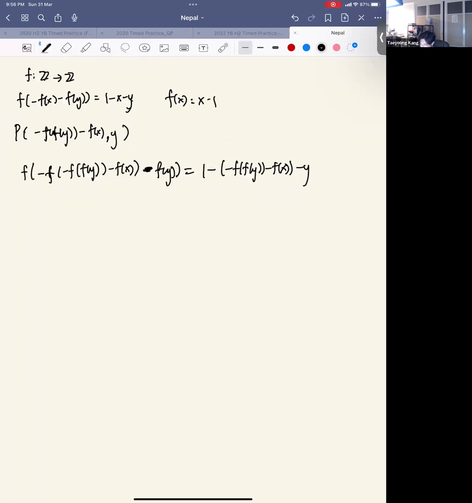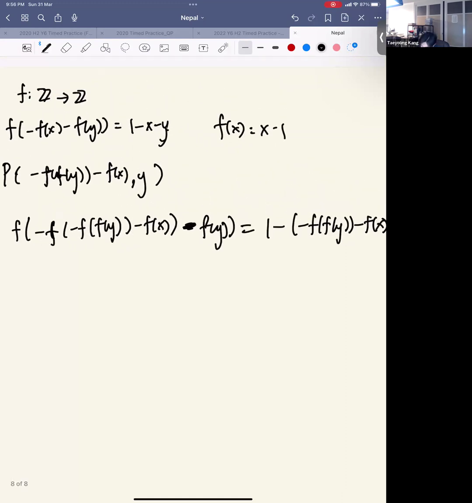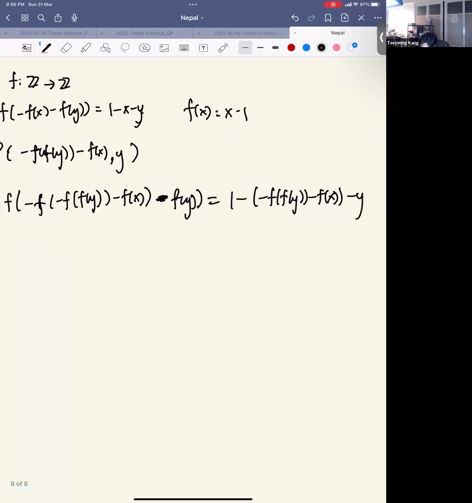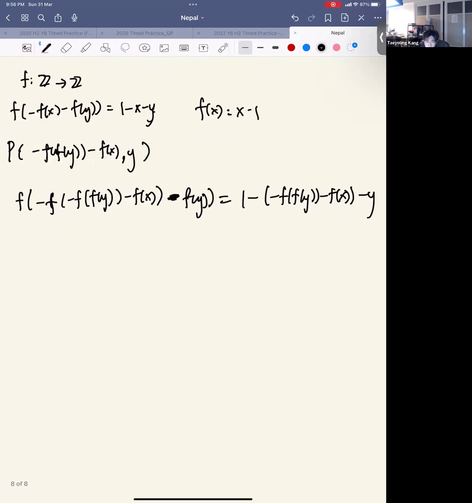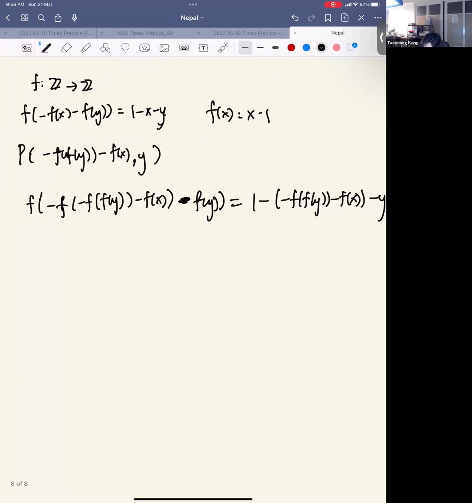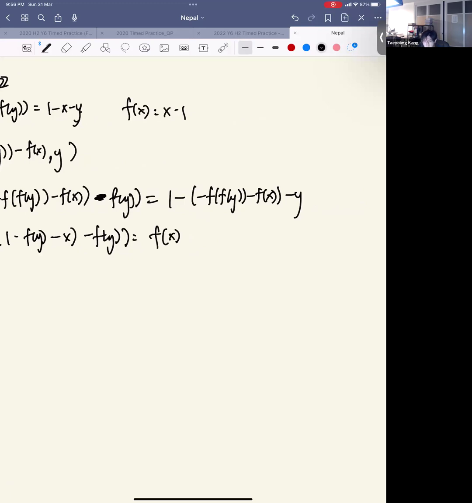So what does this give us? This gives us that the original equation is this, right? So this implies that f(-1 - f(y) - x - f(y)) equals f(x) + 1 + f(f(y) - y).